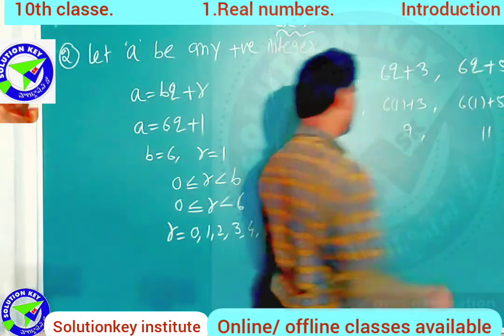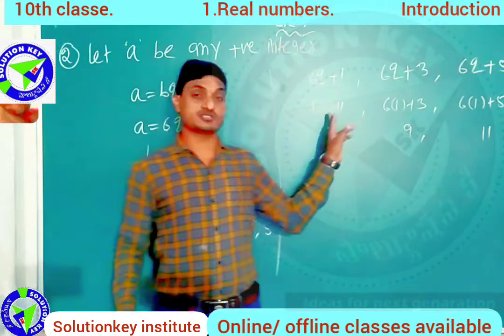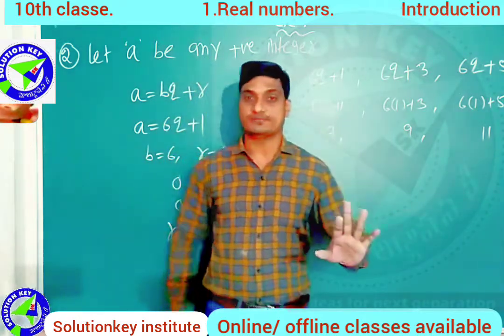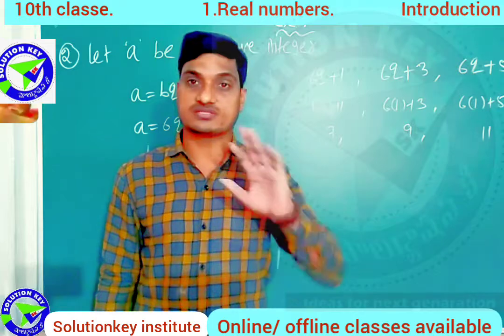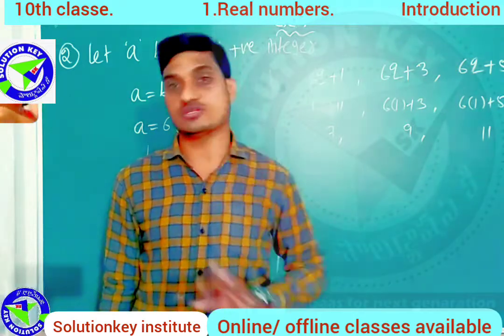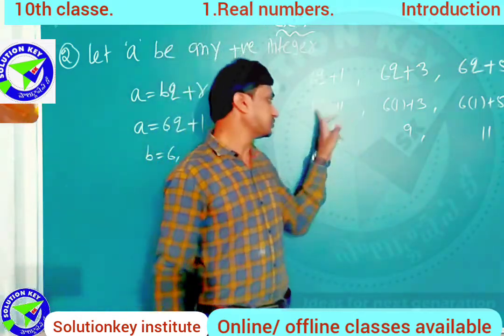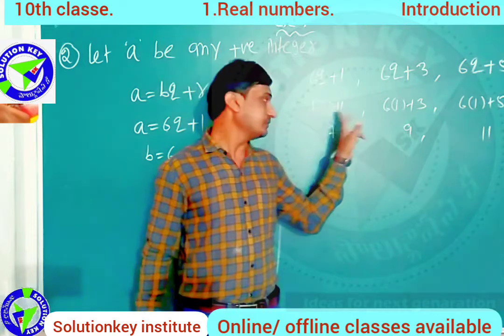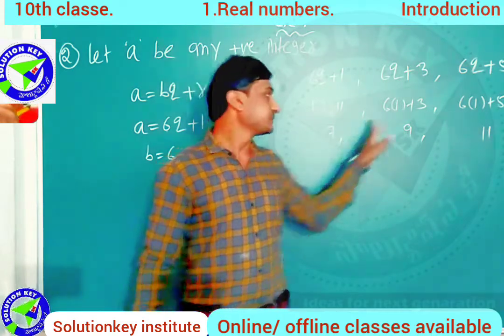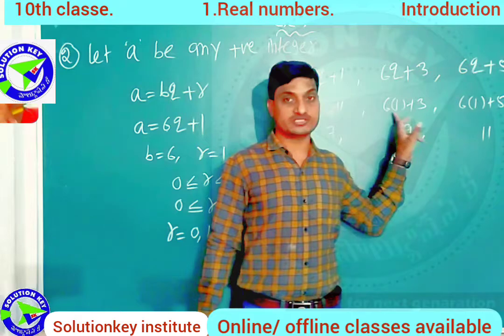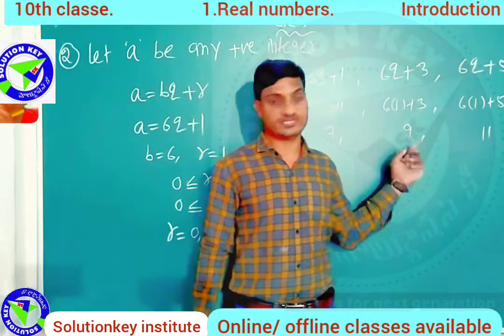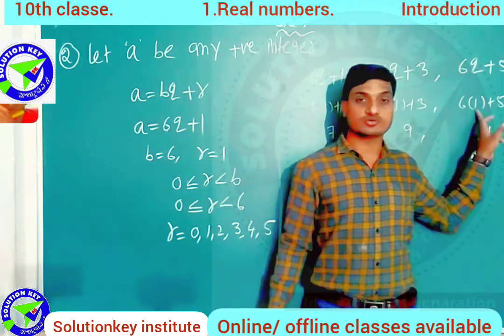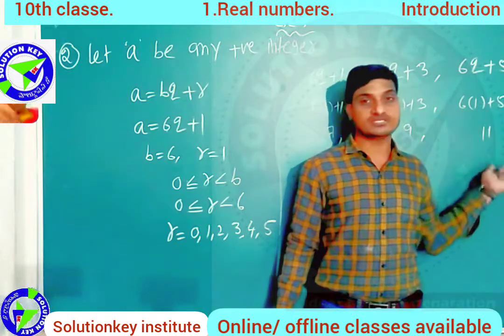See this? When you substitute q equal to something, you always get odd numbers only. If I substitute 2, 6 2s are 12 plus 1, you get 13. Here substituting 2 again, 6 2s are 12, 12 plus 3 is 15. Here also substituting 2, 12 plus 5 is 17.